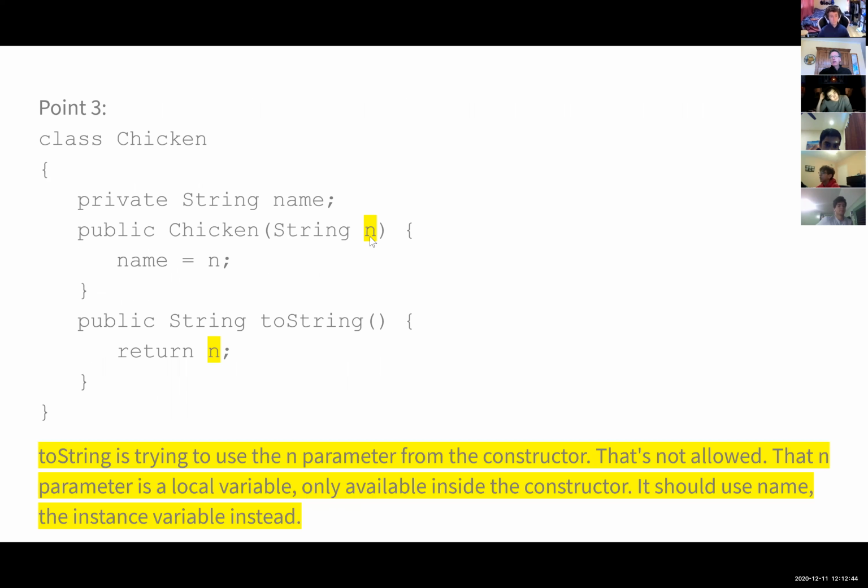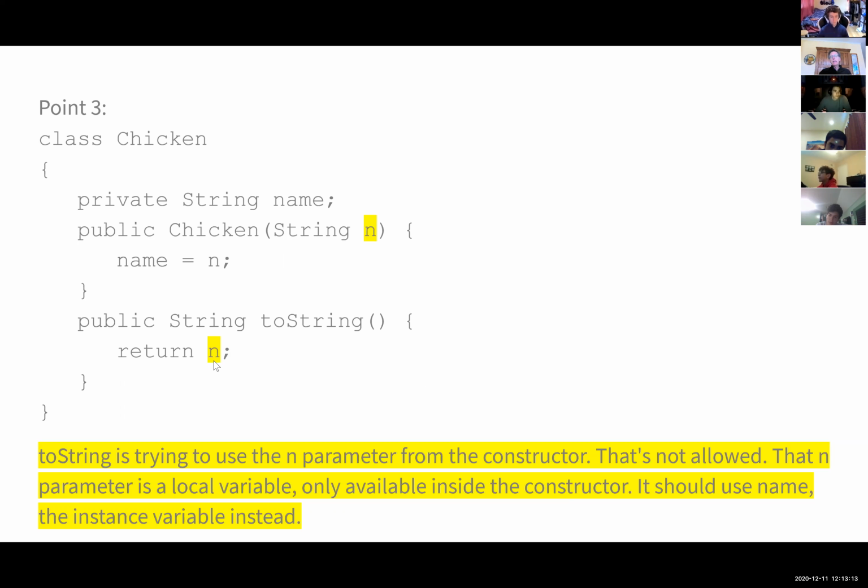n is a variable that is only available to the constructor because it's declared here as a parameter for the constructor. So the constructor is totally good, name equals n, but you can't use n anywhere else in this class because it was only available there. You could make another method that has another declared variable n, a different local variable, but we cannot use this local variable n anywhere but inside of this constructor.